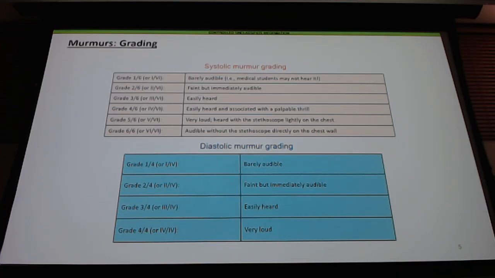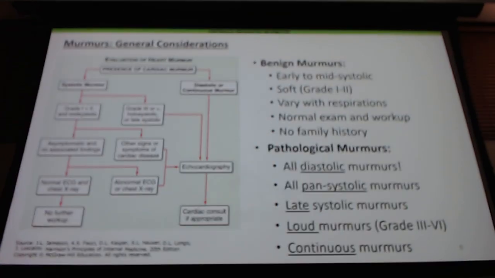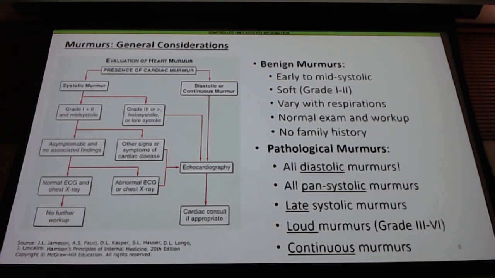When we talk about murmurs, there is a grading scale to it. And this is important because on the next slide, when we start talking about what makes something pathologic and what makes it most likely benign, one of the things that tends to make it pathologic is a loud murmur, where you have like a systolic murmur that's grade 3 or higher.